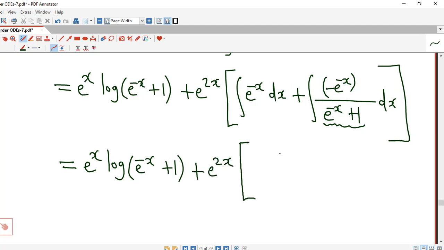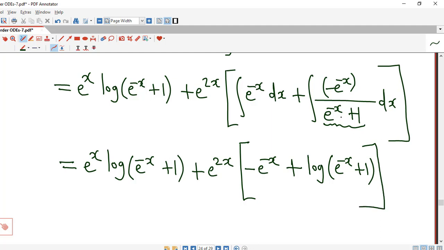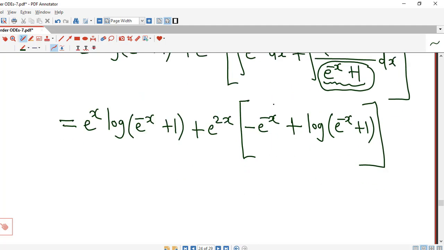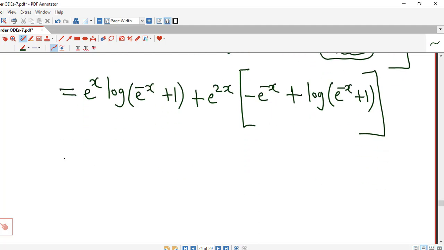Now the integral of e raised to minus x is minus e raised to minus x, and the integral of this is logarithm of e raised to minus x plus 1, because the derivative of e raised to minus x plus 1 is in the numerator. So the value of this integral is logarithm of the function in the denominator. So now we can rewrite all these things.